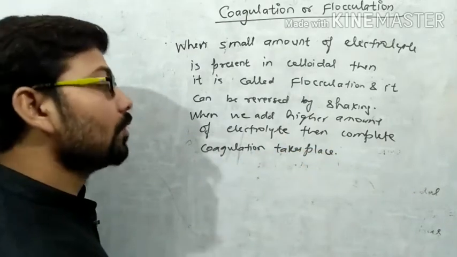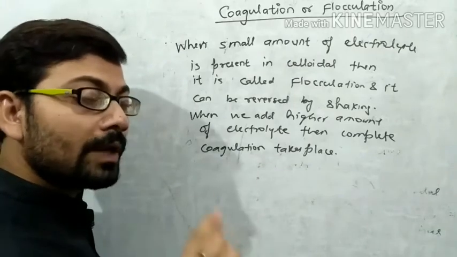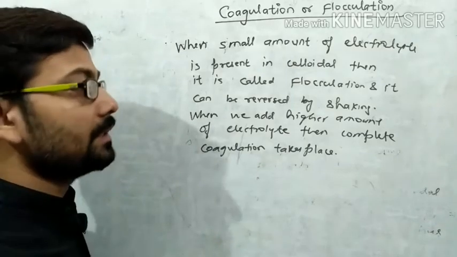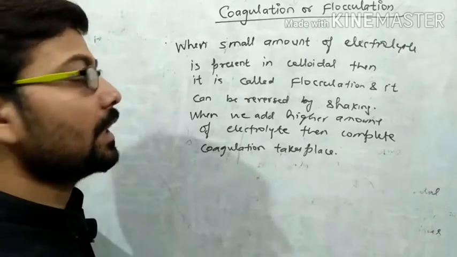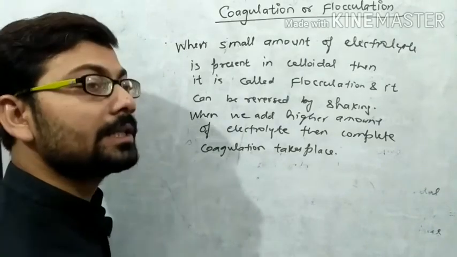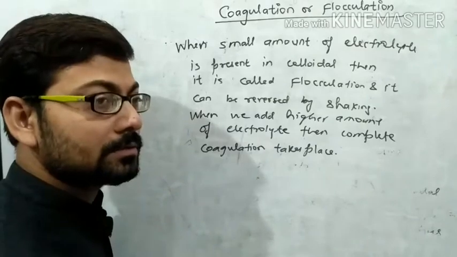What is flocculation? What is coagulation? When a small amount of electrolyte is present, then it is called flocculation, and when a higher amount is present, then it is called coagulation. Right?